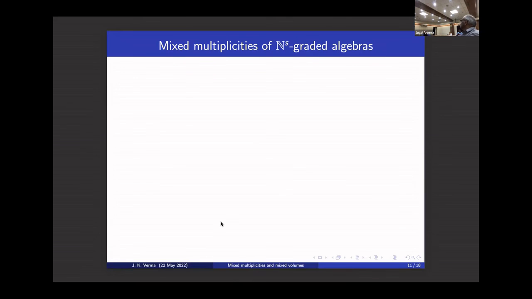You only need the usual Euclidean volume. The same thing can be done for mixed volumes also, and so one gets a finitely generated algebra over a field, and we need to calculate its Hilbert polynomial, and that can be done through various software packages.